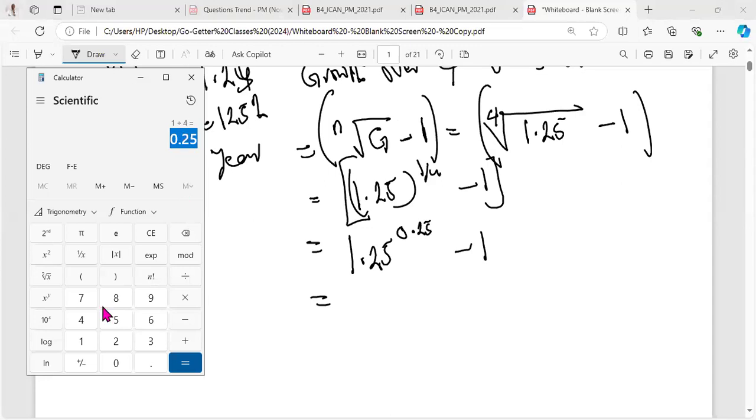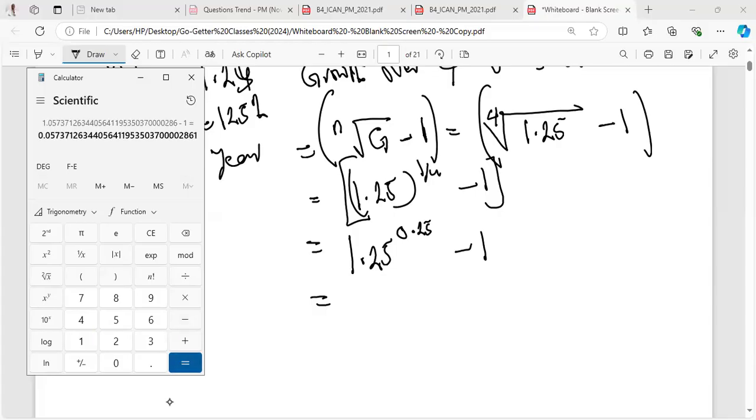The calculator is just stiff. So 1.25 raised to power 0.25, and minus 1.